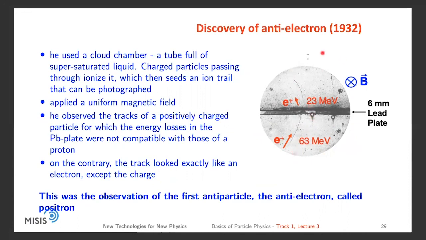Then a uniform magnetic field was applied, B here, and there was a 6 millimeter lead plate positioned there. Basically, what he saw was a track of a positively charged particle for which the energy loss in this lead plate was not compatible with the energy loss expected from a proton. But in principle, this track looked exactly like an electron except for the charge. So this constituted the very first observation of an antiparticle, an anti-electron, which was called the positron.